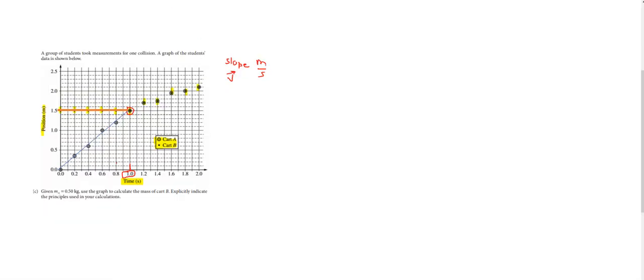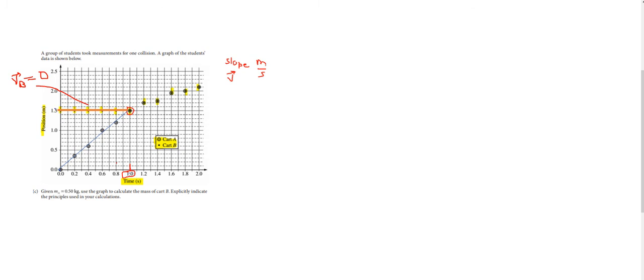Okay, so just to be clear on this, the velocity before the collision of B, which I'm just going to call VB, is 0. And the velocity before the collision of cart A, which is right here, goes from 0 up to 1.5.